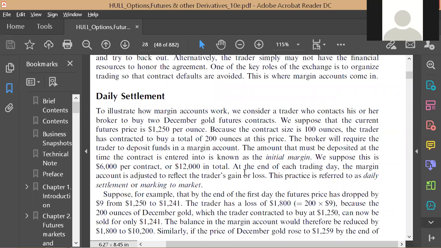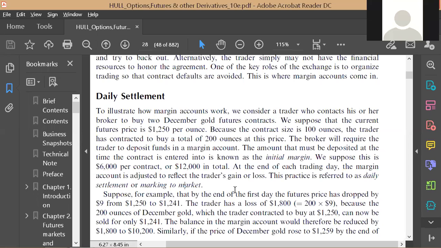You can read this example. Yeah, daily settlement, marking to market.